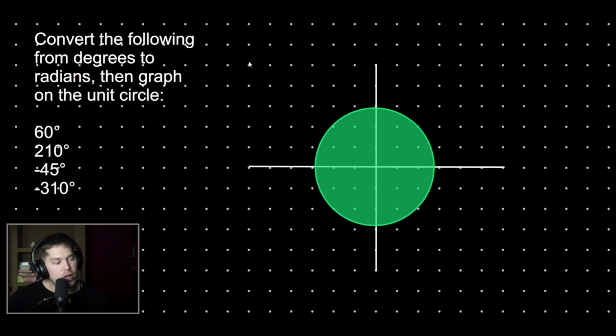So we just saw that 180 degrees is equivalent to pi radians. And so what would 60 degrees be equal to? 60 degrees would be equal to some unknown x. And here we can just cross multiply to solve. 60 times pi is 60 pi. And that's going to be equal to 180 times x.